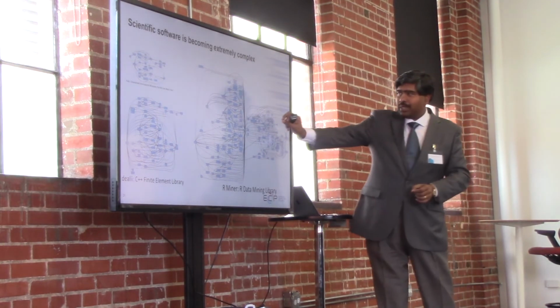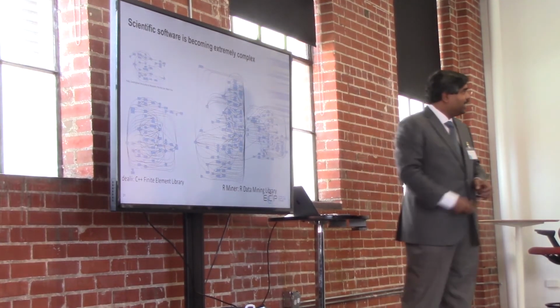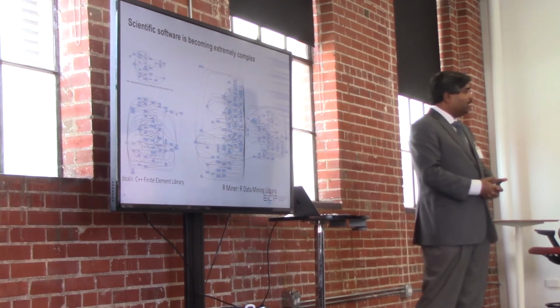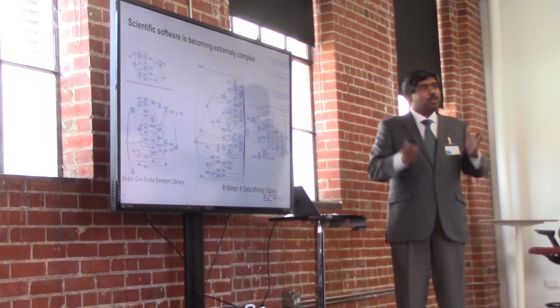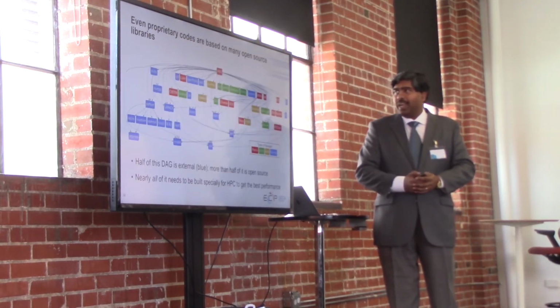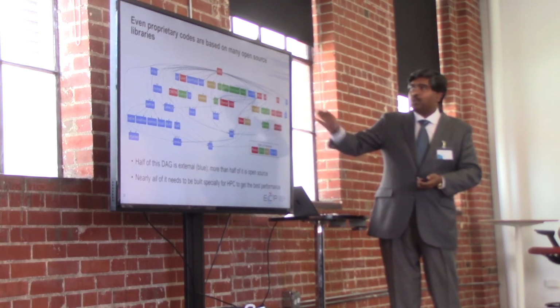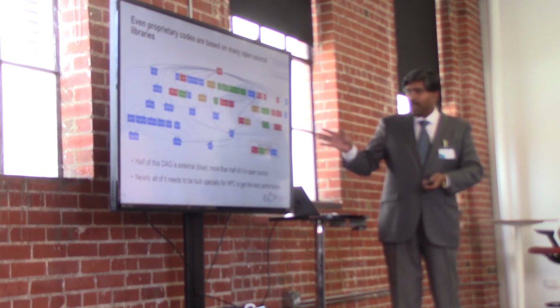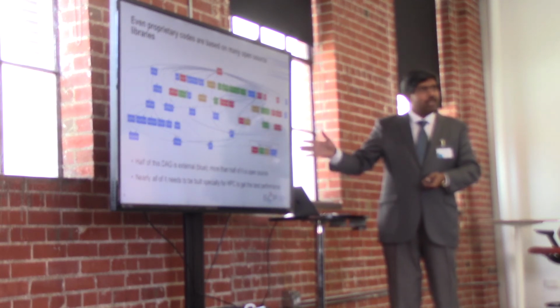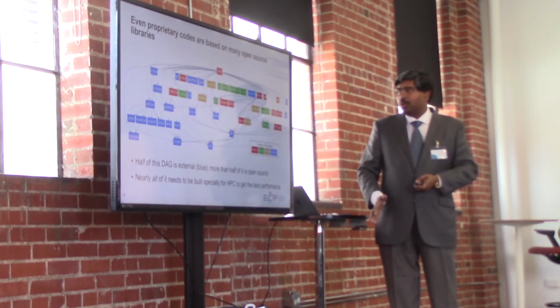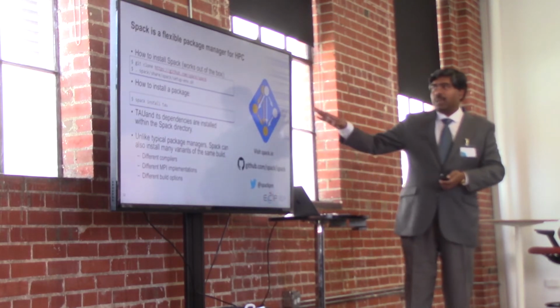If you make one mistake in one of those components, the whole thing comes crashing down. So SPAC curates that whole process, and even proprietary codes use many open source libraries. So we have this whole ecosystem of tools and libraries that can be easily installed.